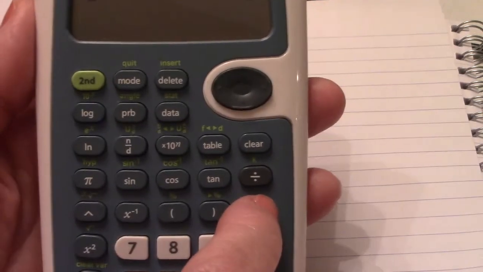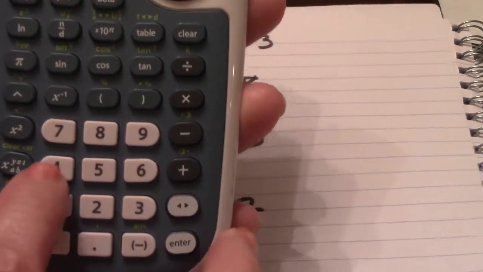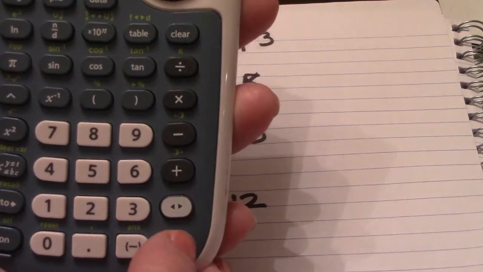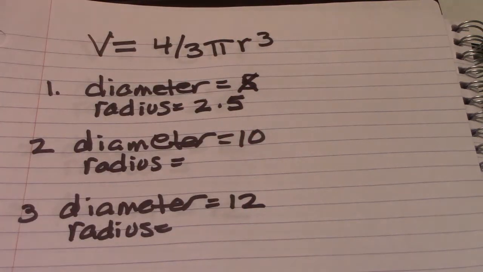And as you can see, that will come up 4/3. Then I can say times my 3.14, which is pi, times, and this is where we might have another problem.